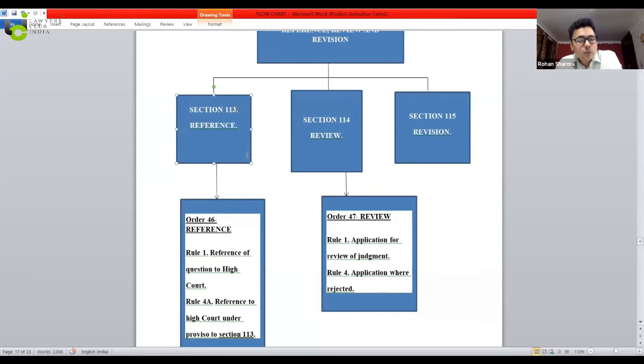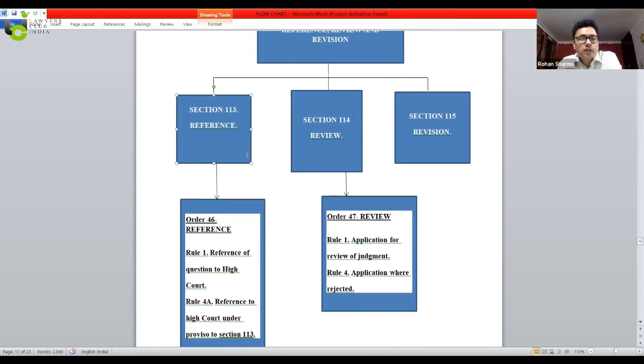Reference is something wherein a lower court, if it feels that there is certain thing which has to be referred to the High Court for certain clarification, it can be on law, it can be on any custom, it can be on any usage which has the force of law. Such specific circumstance which, in the opinion of a lower court, is something which it should not be deciding, or which is very important and should be decided by the High Court.